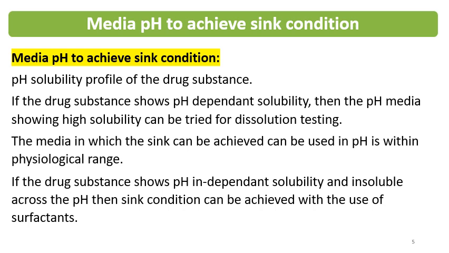So if the drug substance shows pH dependent solubility, then the pH media showing high solubility can be tried for dissolution testing. For example, you are working on 3 different pH like 0.1 normal HCl with 1.2 pH, 4.5 pH acetate buffer and 6.8 pH phosphate buffer.